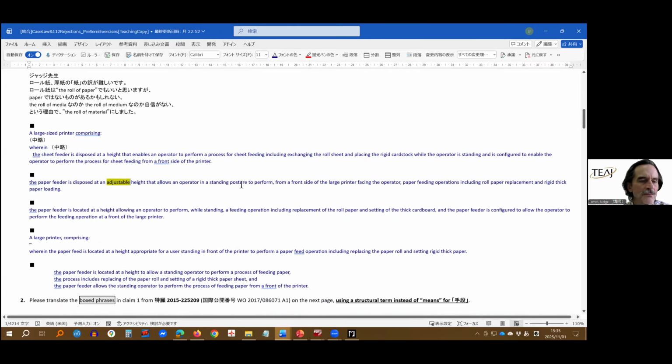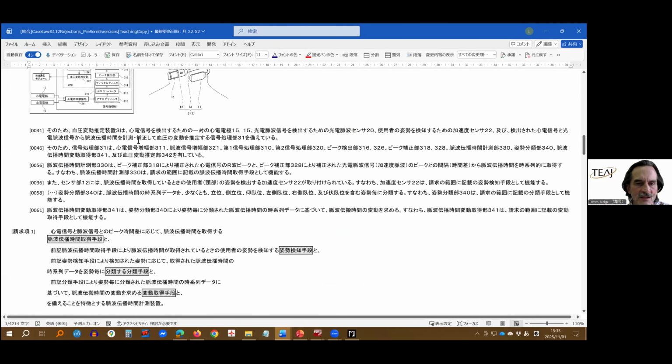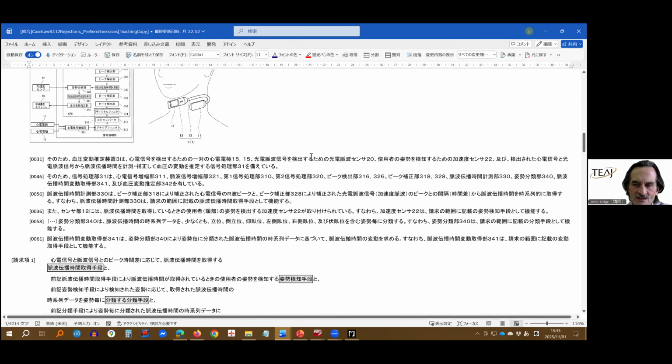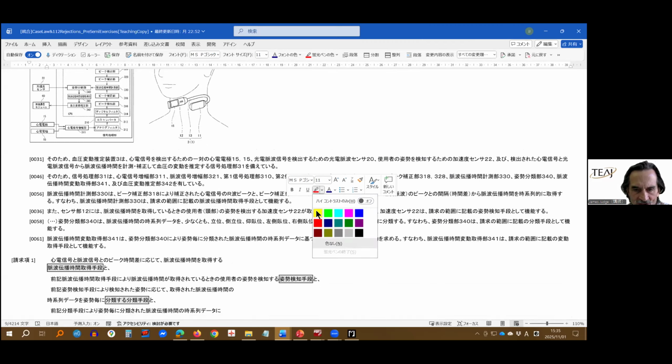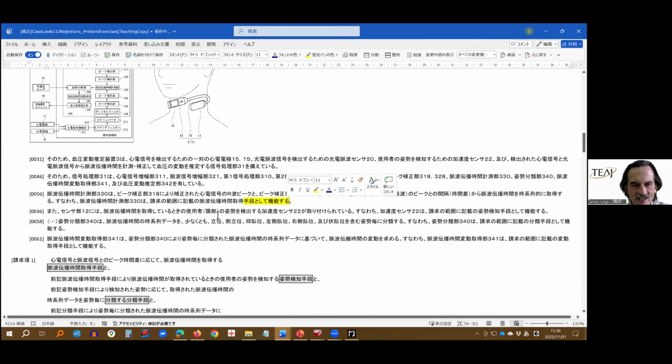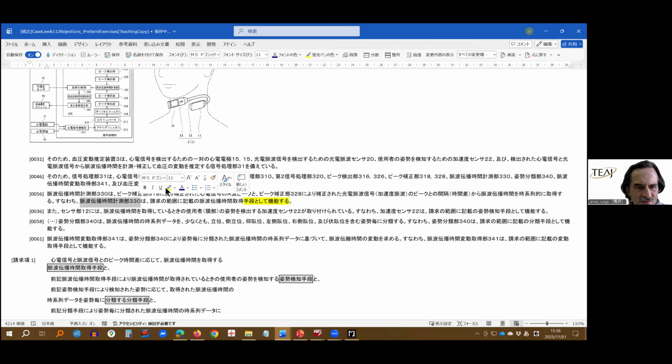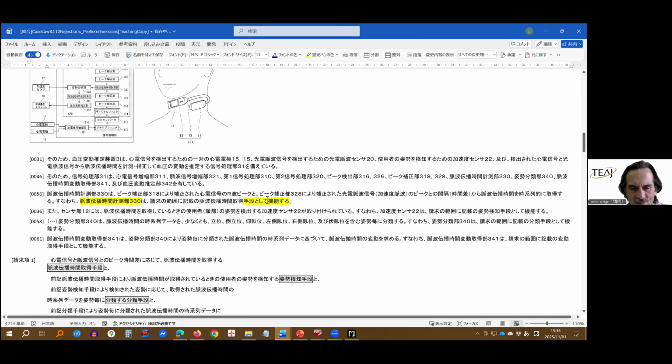So I gave you quite a bit of background here. It's very interesting that the specification drafters very diligently provided these expressions where they said, nantoka no shudan toshite kinou suru. So that this expression appears, which is clearly an attempt to say that this particular structural feature corresponds to some means recitation in the claim.